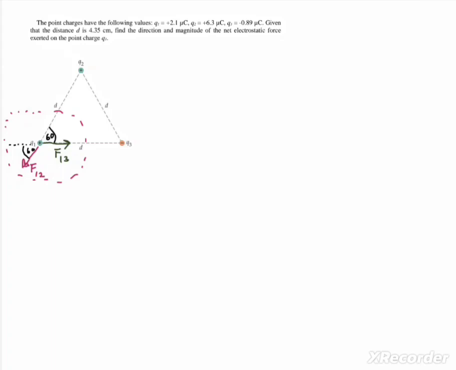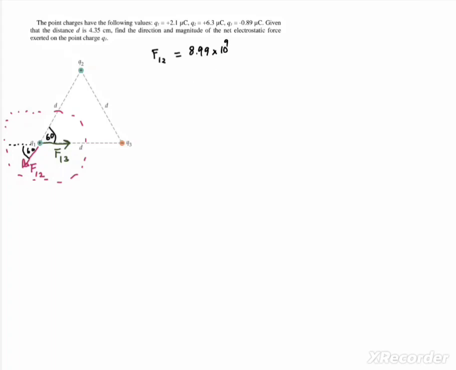So now let's find out the magnitudes of F12 and F13. We have F12, so we have k Q1 Q2 over r squared, which is 8.99 times 10 to the 9th.